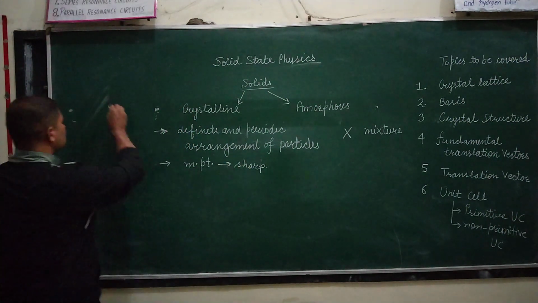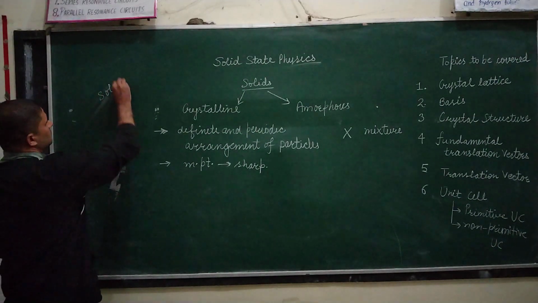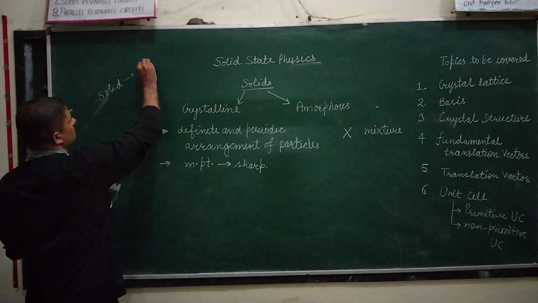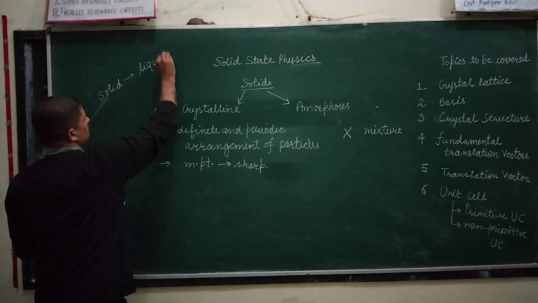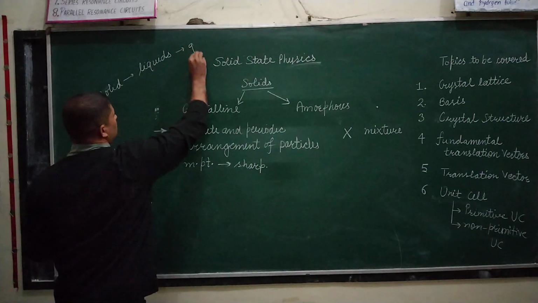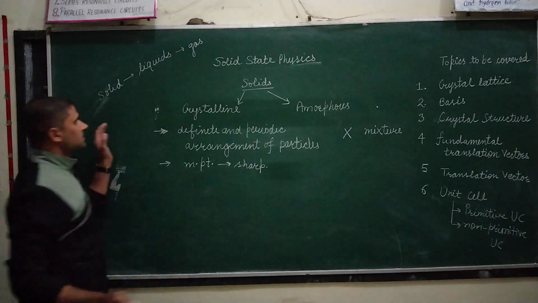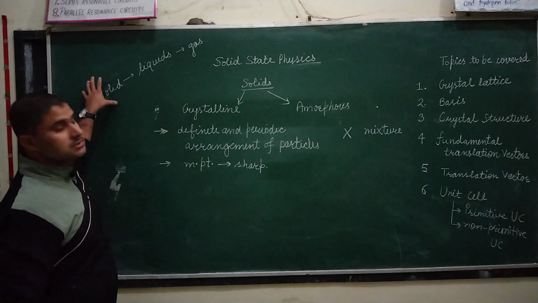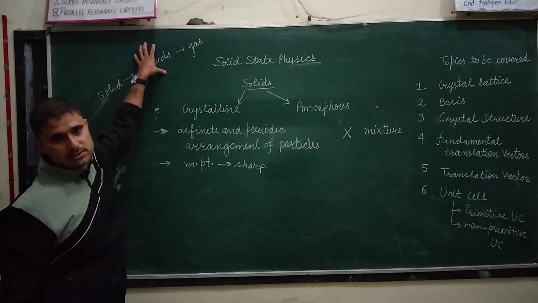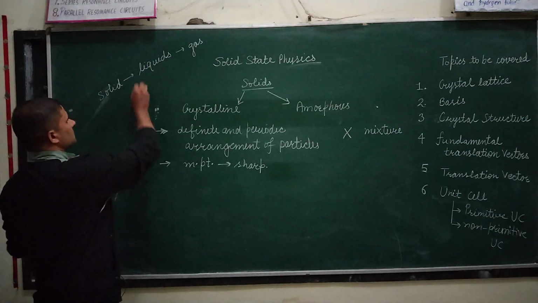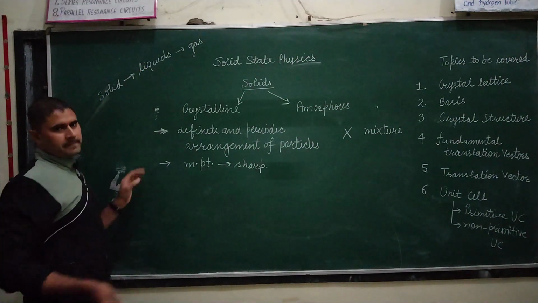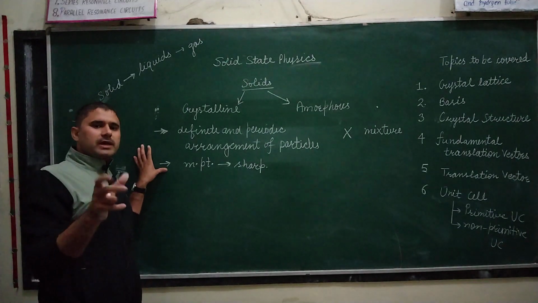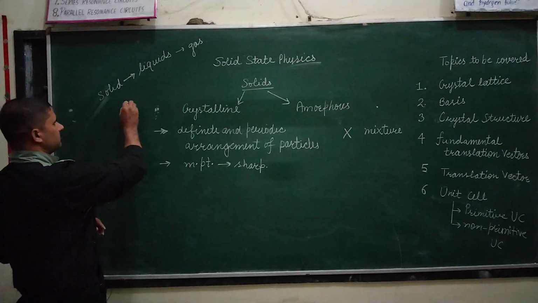Class, you know that solid, liquid and gas are the three phases of matter, and to change one phase to another phase, we need to understand the impact of two very important thermodynamical parameters.